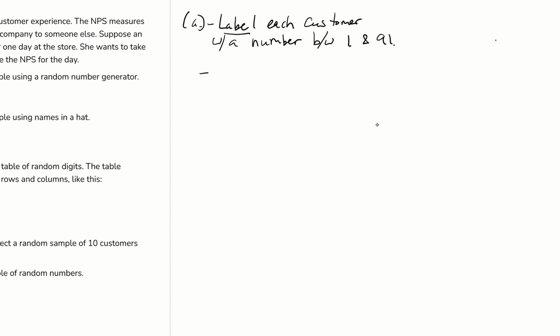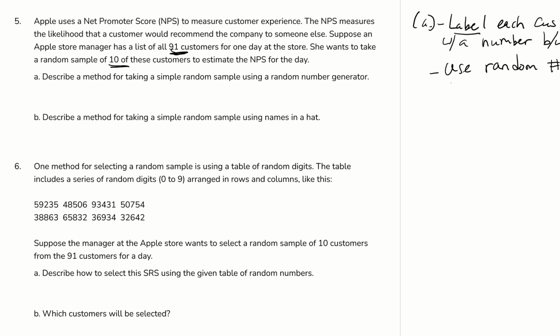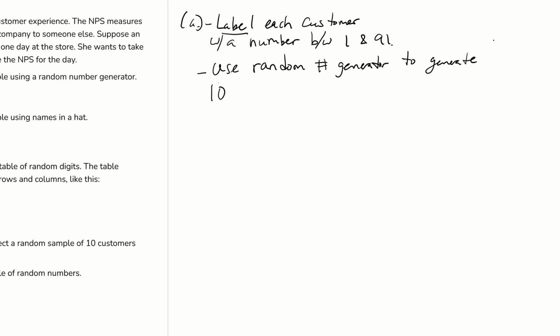So let me put this as step 1. Step 2, use a random number generator to generate 10. Now we want 10 of the customers, right? So 10 different, so there's a key there, 10 different numbers between 1 and 91.